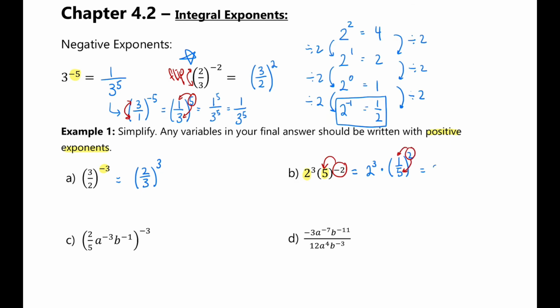And so we'll have 2 to the power of 3 times 1 to the power of 2, which is just 1 divided by 5 squared, which is equivalent to saying 2 to the power of 3 over 5 to the power of 2. So I want you guys to work on part C and D on your own.